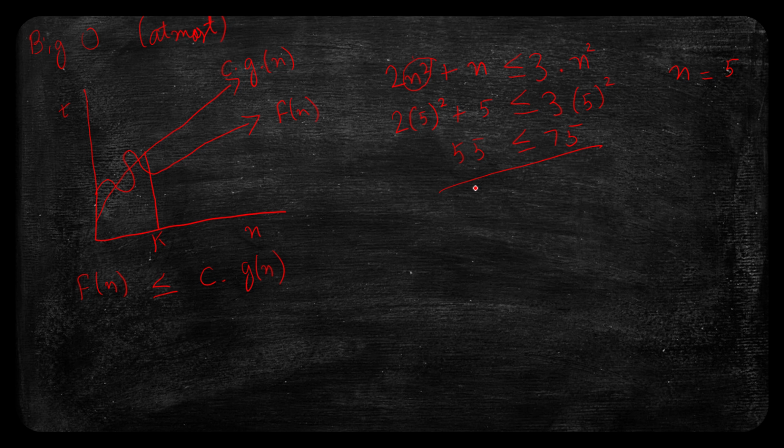Okay guys, so now we jump to big omega, and let's see what big omega can do for us. In big omega, first we mention big omega, and the sign would be something like that, and the graph should be a little bit different, but the approach would remain the same.